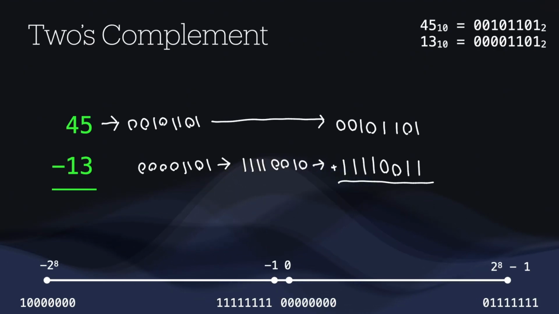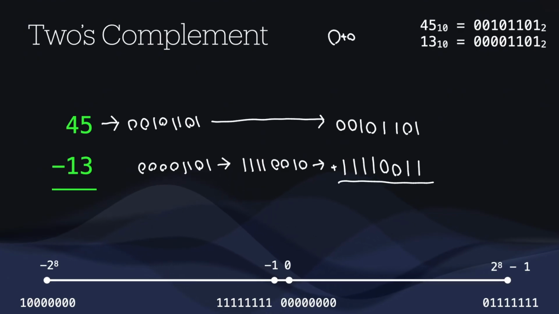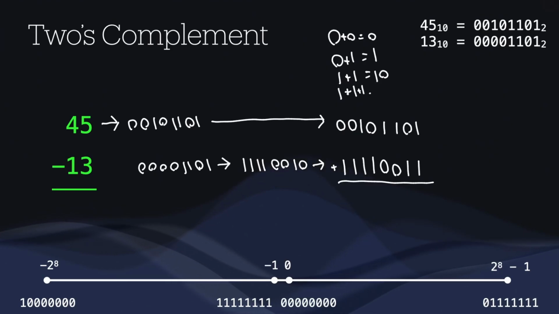Adding in binary is very similar to adding in decimal. In some cases, it's actually easier because there's just less digits to worry about. All you need to know is 0 plus 0 equals 0, 0 plus 1 equals 1, 1 plus 1 equals 2, and sometimes if you have a carry, 1 plus 1 plus 1, that's going to be 3.